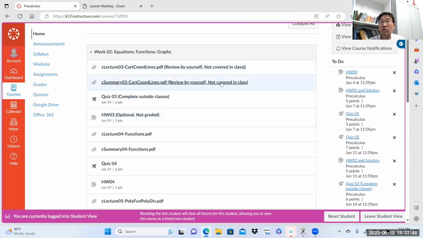The first set is about Cartesian coordinate systems and lines. I'm not going to go over this set in class, so you can review it by yourself, and if you want, you can complete the corresponding quiz and homework.